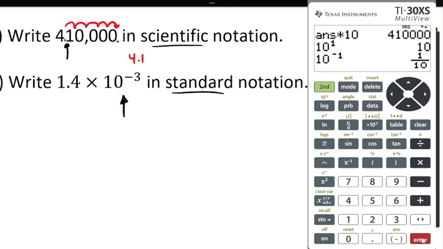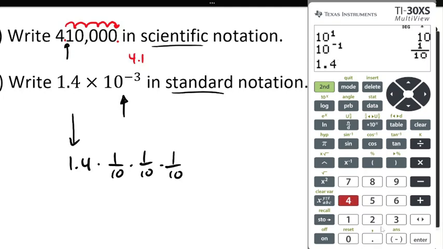So I've got the number 1.4, right? That's where this is starting. But I have to divide by 10 how many times? I got to divide by 10 1, 2, 3 times. And I can see this happen on my calculator. I'll put 1.4 on the stack. There it is.